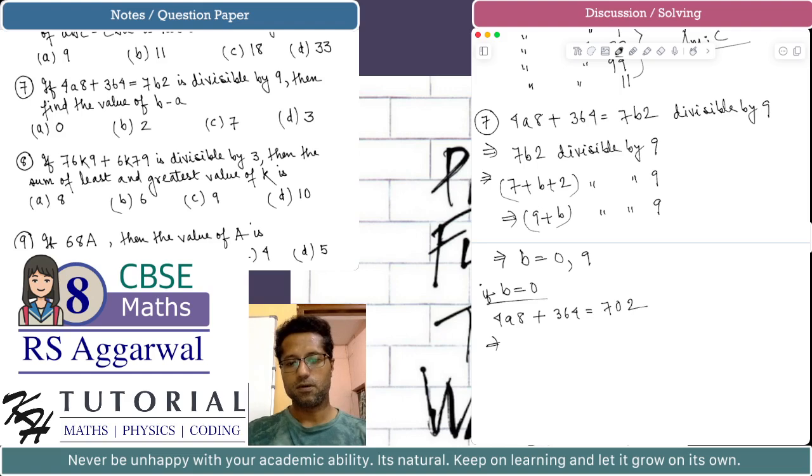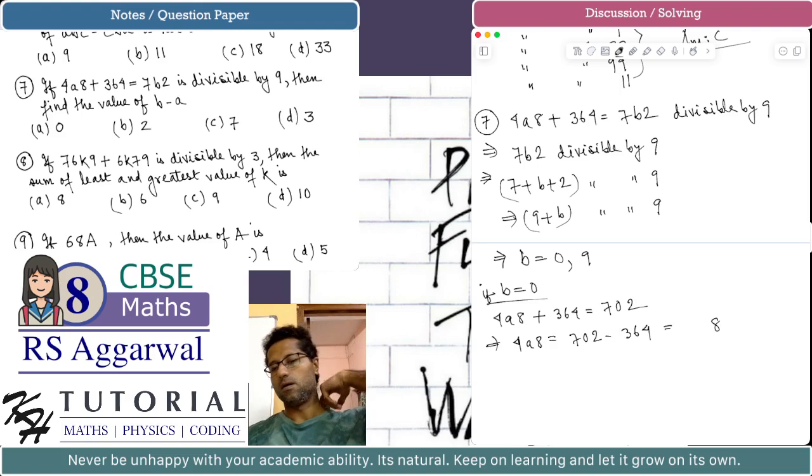So this implies 4a8 is equal to 702 minus 364, which is equal to 338. Now, this cannot be the case. 4a8 cannot be equal to 338 because the leftmost digit is not matching.